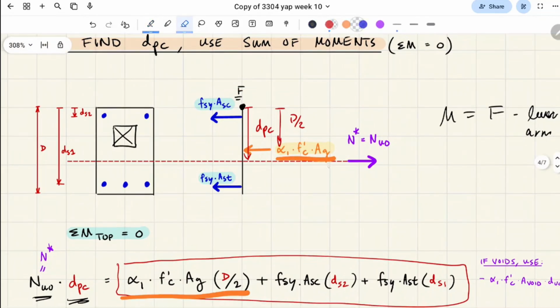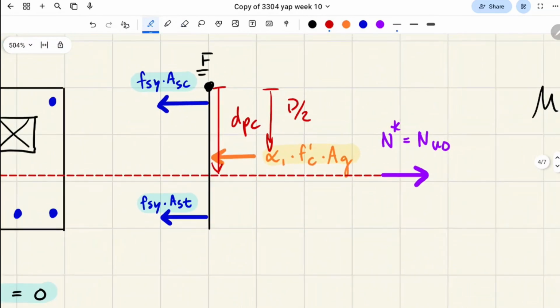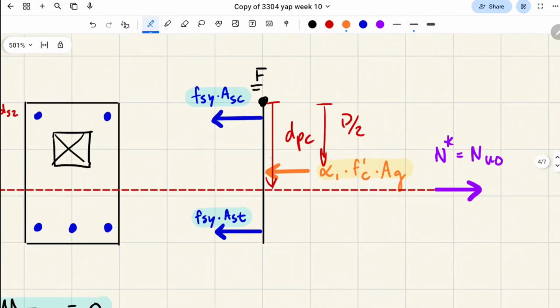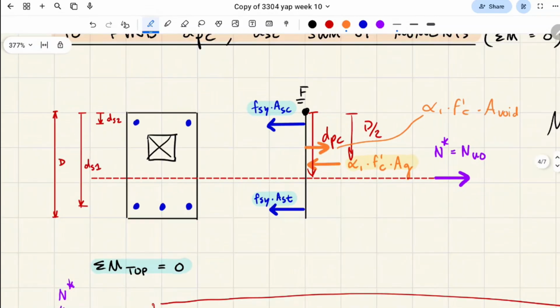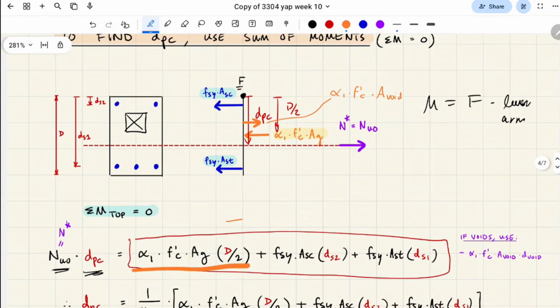You can pretend that that void is its own force. And it sounds strange, right? But it makes sense. But we subtract it, aka it goes in the other direction. Sorry. So this is alpha 1 FC, but now we're doing the area of the void. Do you see how the arrow points in the other direction? And so we actually subtract this.